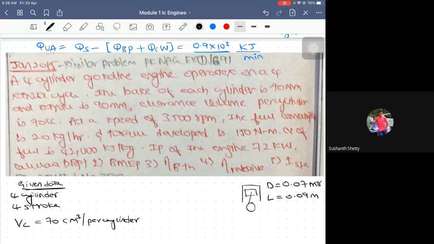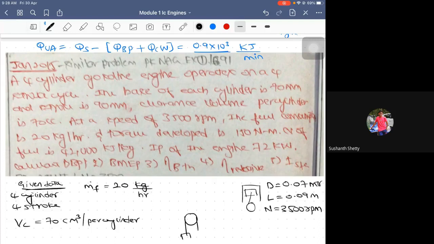At a speed of, so speed he has given, the engine speed is 3,500 RPM. Okay, the fuel consumption he has given, so fuel consumption m_f dot equals 20 kgs per hour. Okay, and the torque developed, so again, brake drum parameters he has given.